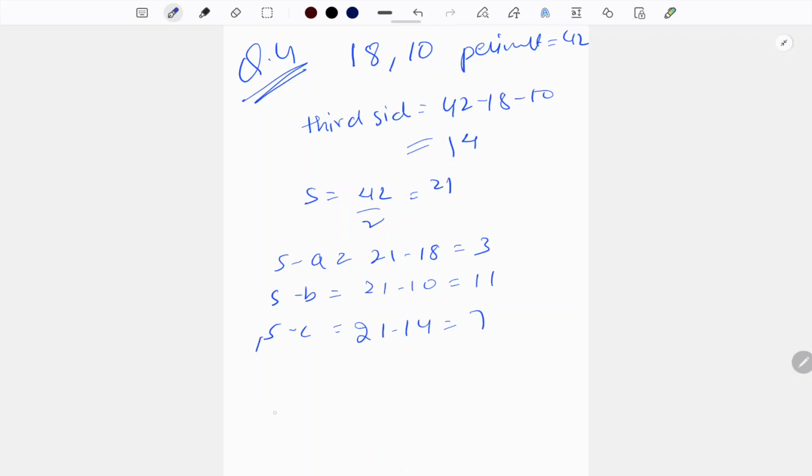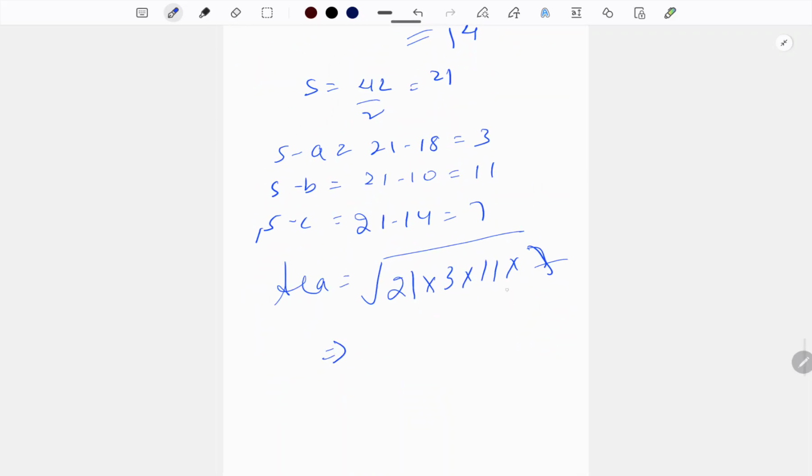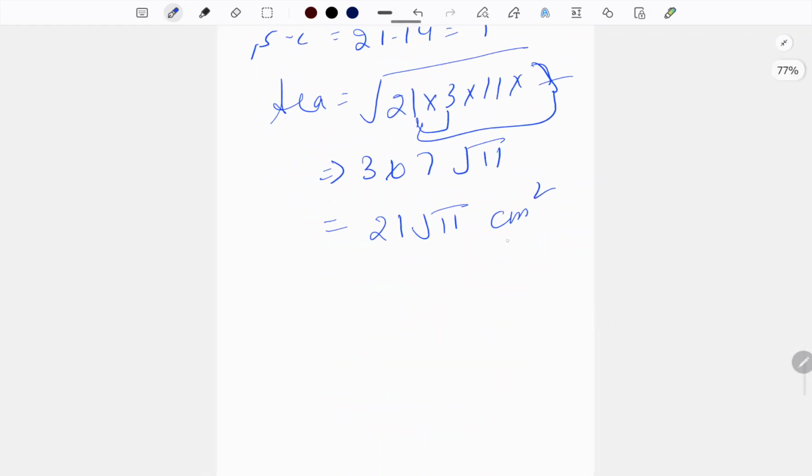Now area is root of 21 into 3 into 11 into 7, one pair will come from here and one pair will come from here, and this will be under root 11. So 21 root 11 is the area of triangle. Don't forget to write the unit in the end, which will be in square. Now let's go to question number 5.